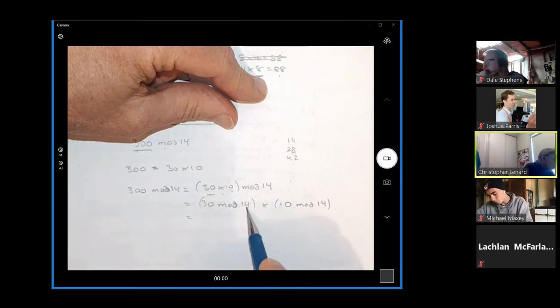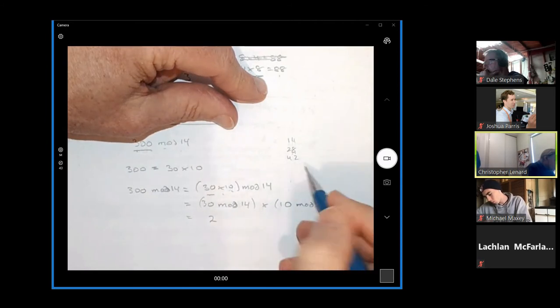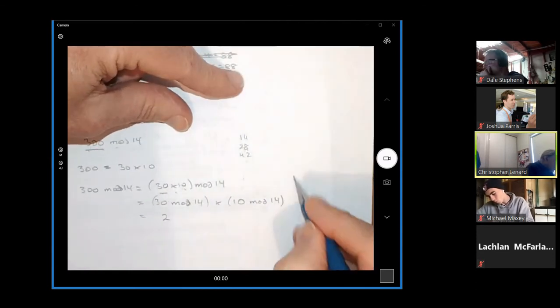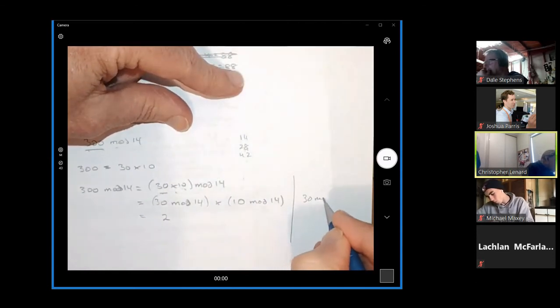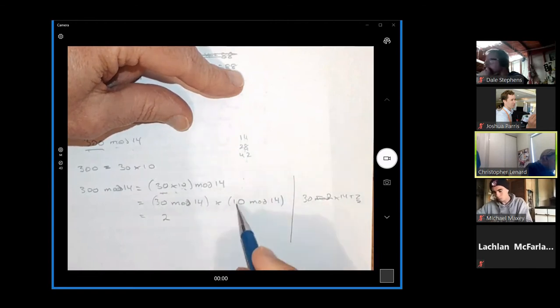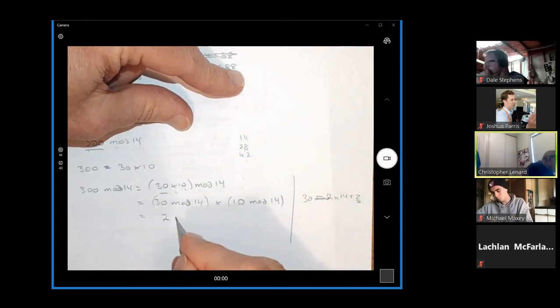So 30 mod 14 is actually 2. Okay, why? 30 is equal to 2 times 14 plus 2. So there's our remainder 2. 10 mod 14, well, 10 is already under 14. So that's 2 times 10.